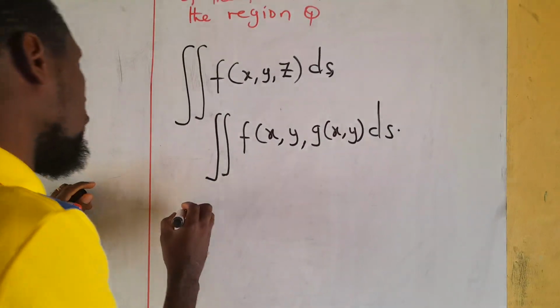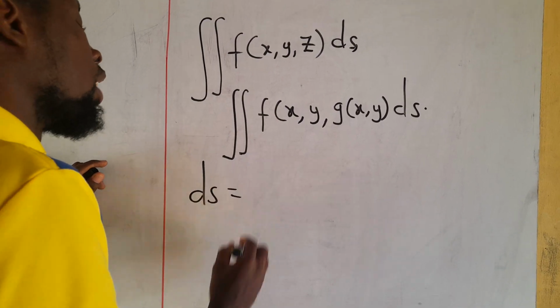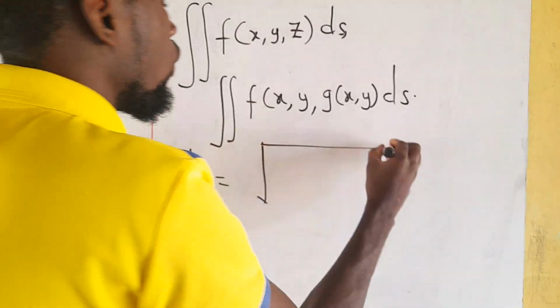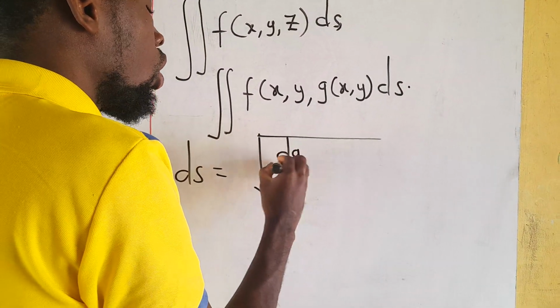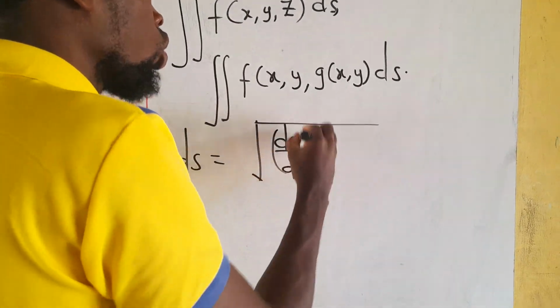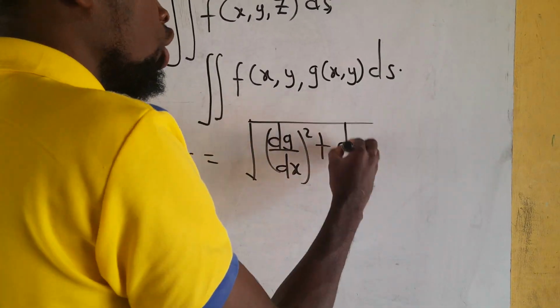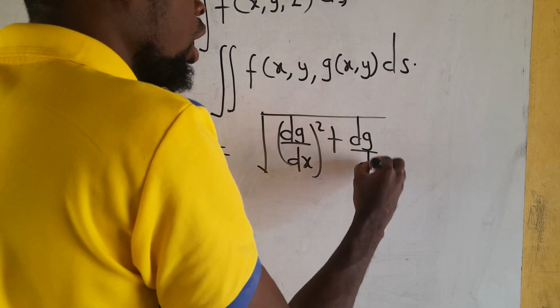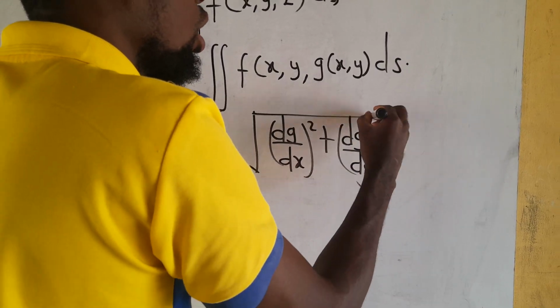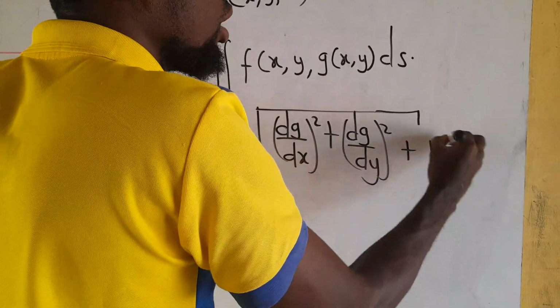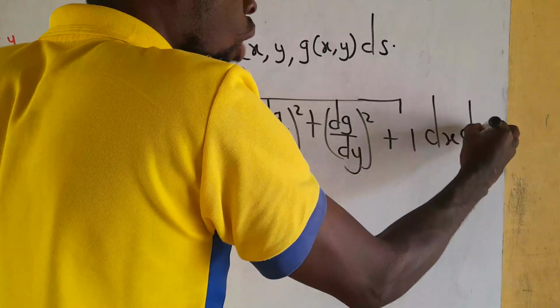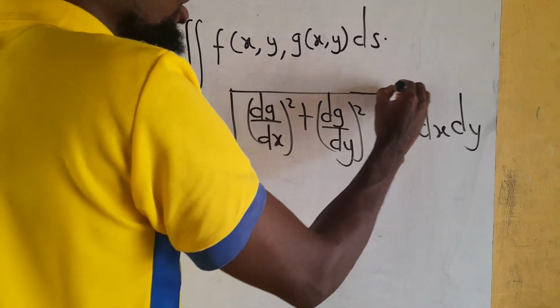Now what is our ds? The ds is given as the square root of dg over dx all squared plus dg over dy all squared, then plus 1, dx dy. Please, there is a proof for this.